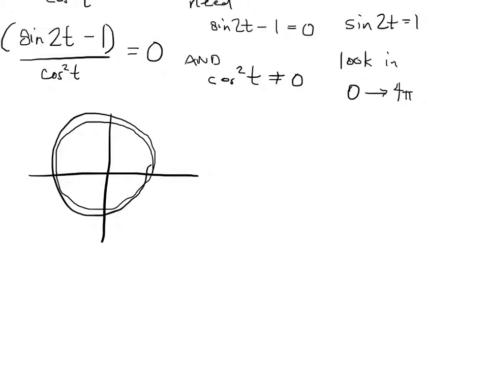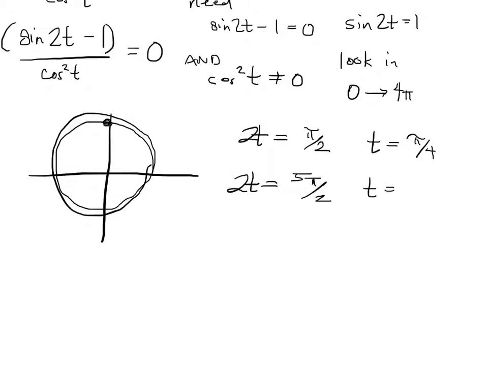We want sine of 2t to be 1. That happens here. That means 2t is going to be pi over 2, or 2t is going to be 5 pi over 2. So this tells us that t is pi over 4, or t is 5 pi over 4.